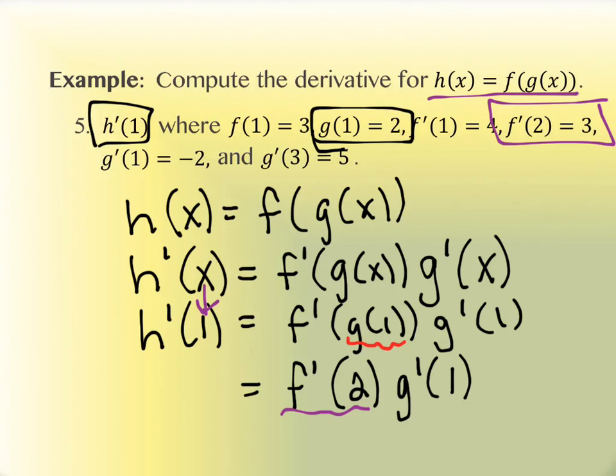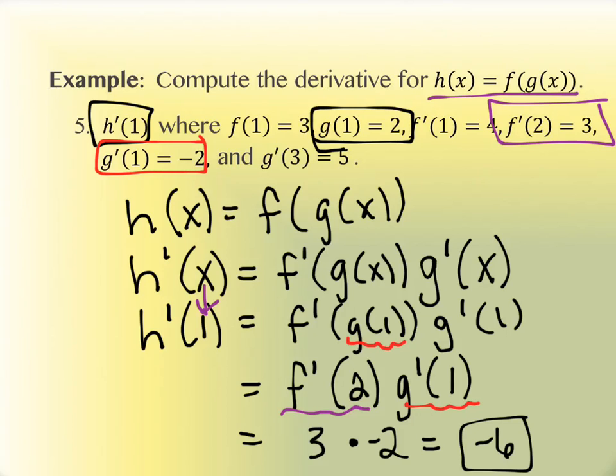It's 3. And what is g prime of 1? Oops, sorry, the right one. It's -2. So this is -6.